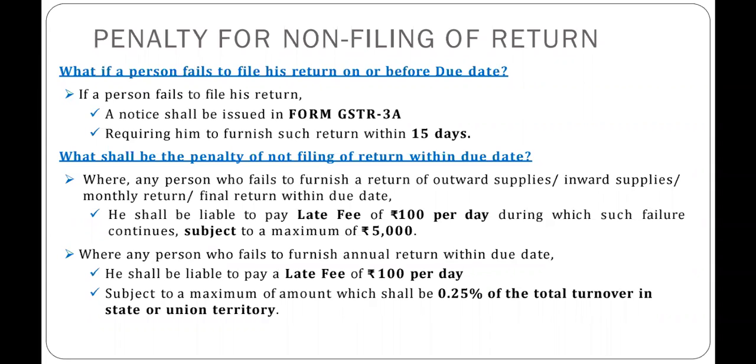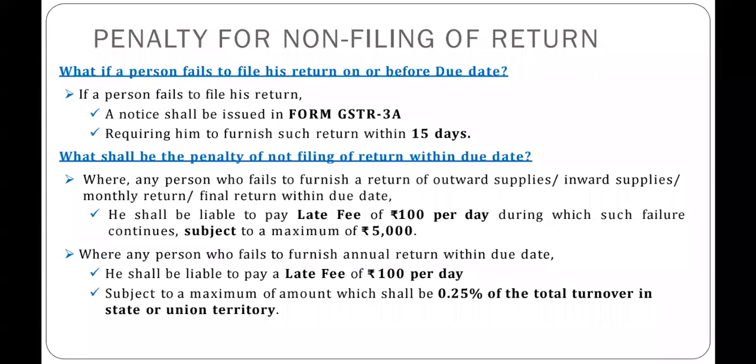Where any person fails to furnish the annual return within the due date, some taxpayers don't file it on time, he shall be liable to late fees of rupees 100 per day, subject to a maximum of 0.25% of the total turnover in the state or union territory.